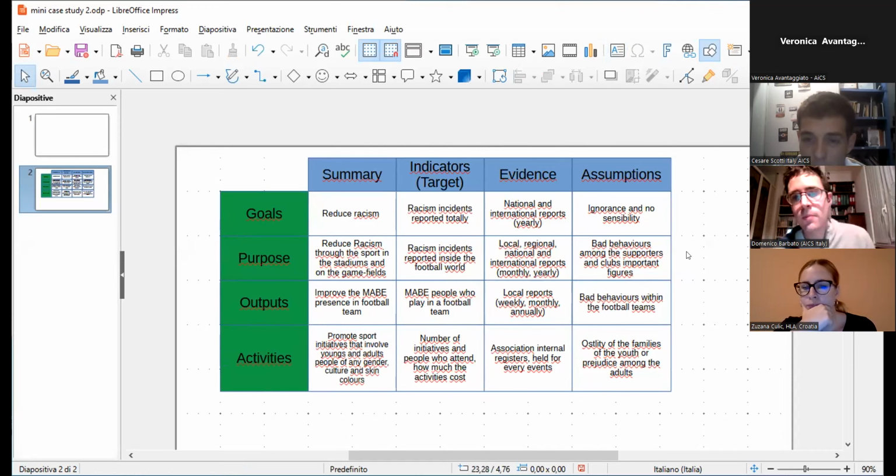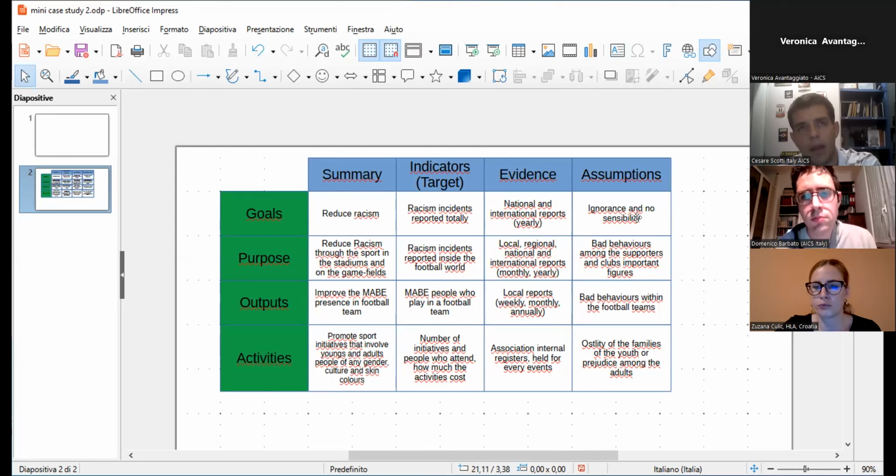then we have the other problem at another level, the people that are external to our team, so supporters and club figures like the president or the coach, that have an important role on a global scale.